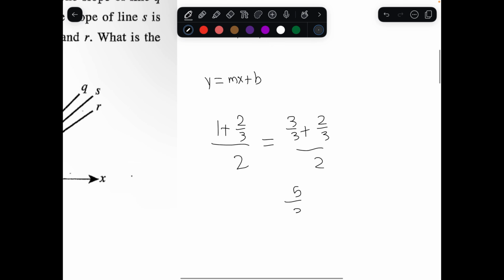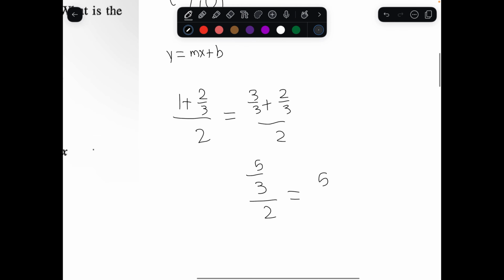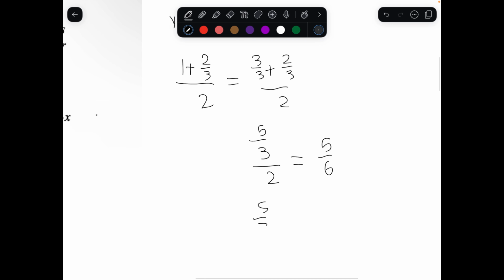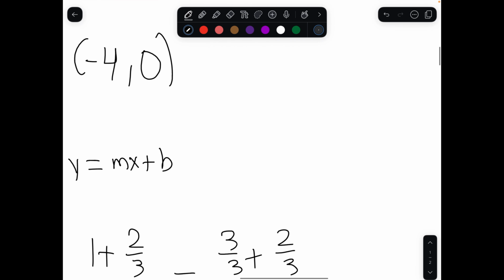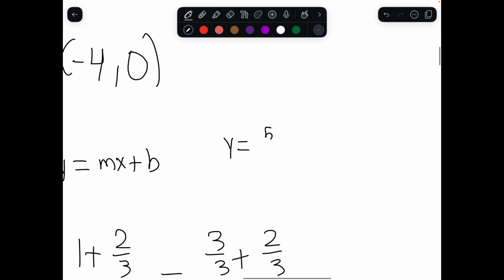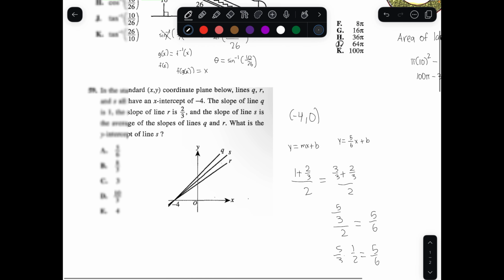So you have 5/3 divided by 2, which is 5/6, right? Because 5/3 times 1/2. You multiply by the reciprocal, 5/6. So this is for line S. Y equals 5/6 x plus b. M is your slope, and b is your y-intercept, which is what we're trying to find.